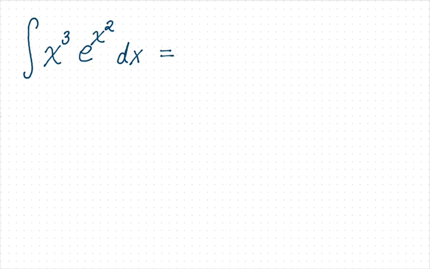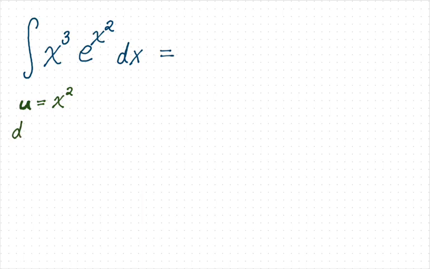The substitution. Yeah. So I'm going to try to make my u look a little bit bolder so that I don't have to use a different variable when I'm doing the integration by parts later. But u equals, in this case, x squared.